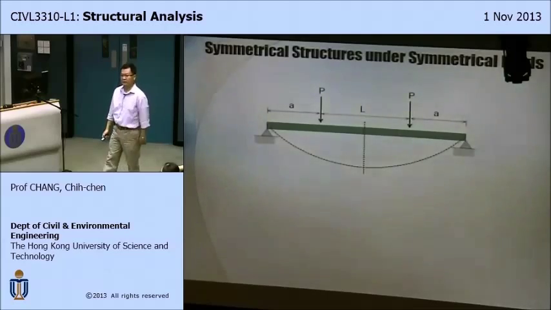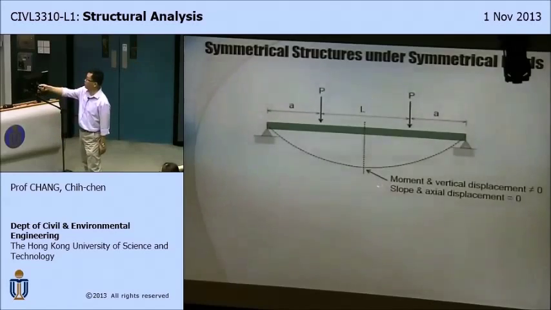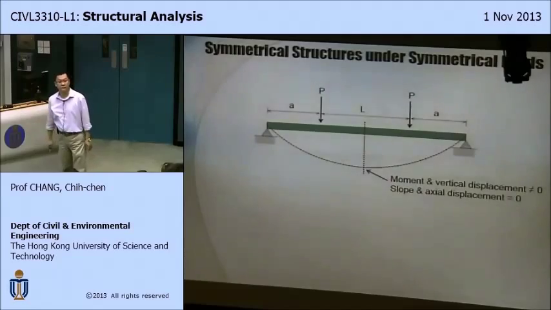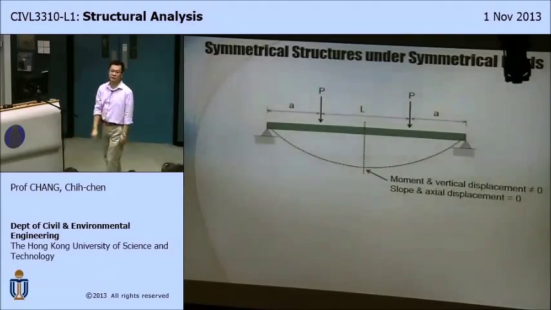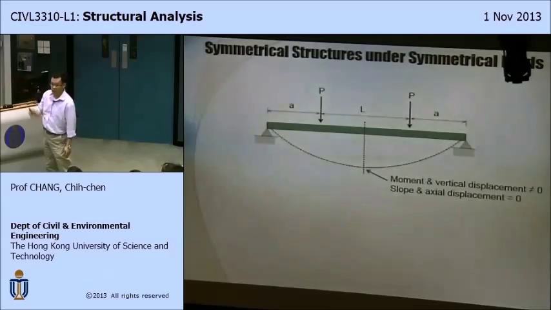At the midpoint, we noted that moment and vertical displacement are not equal to 0. You have moments and you have vertical displacements. But the slope is equal to 0. Slope is equal to 0. And axial displacement is equal to 0. Okay? So we notice that at the midpoint, we have such properties.